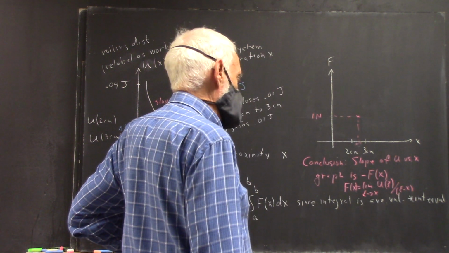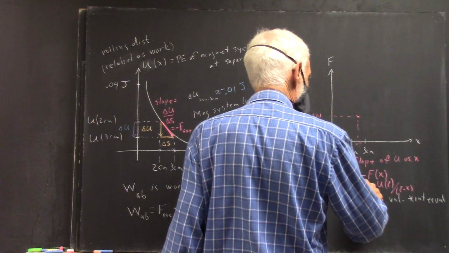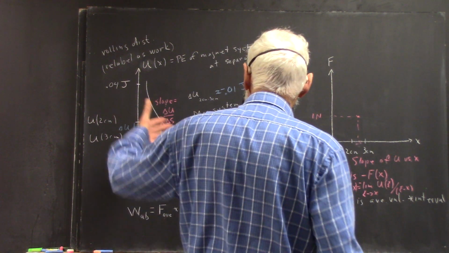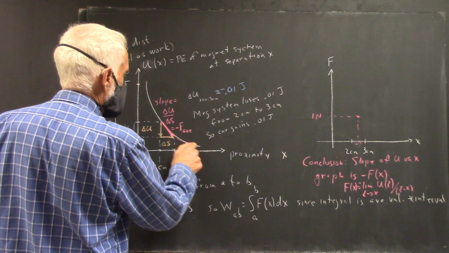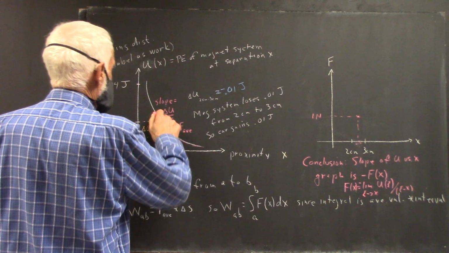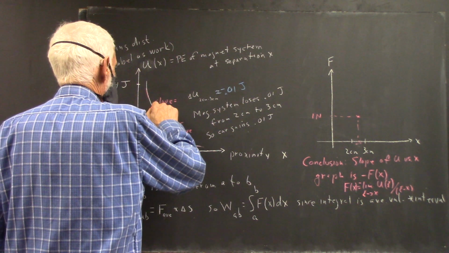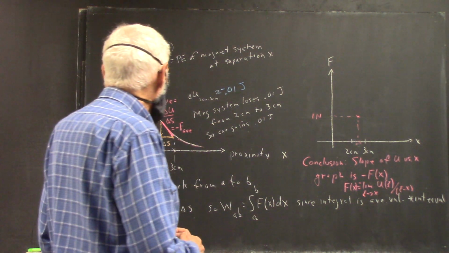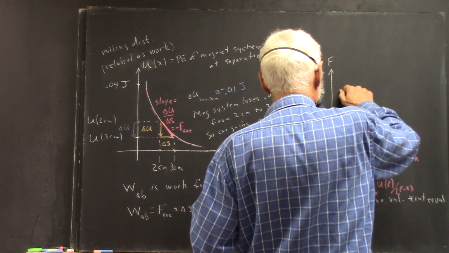Some kind of a limit anyhow. And it's negative that limit, which is the instantaneous slope of the graph. So to get a graph of force versus displacement, you simply estimate the slopes of a series of tangent lines, and those slopes give you the force versus distance.